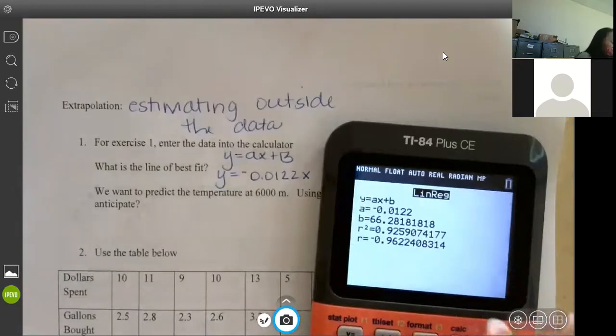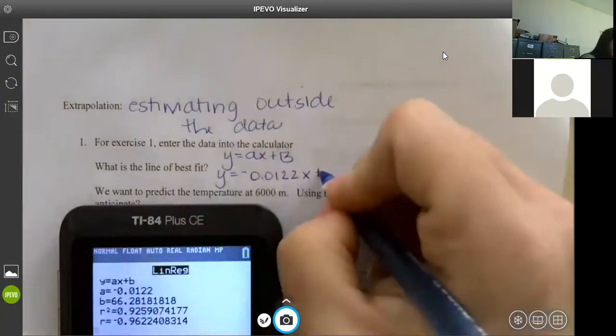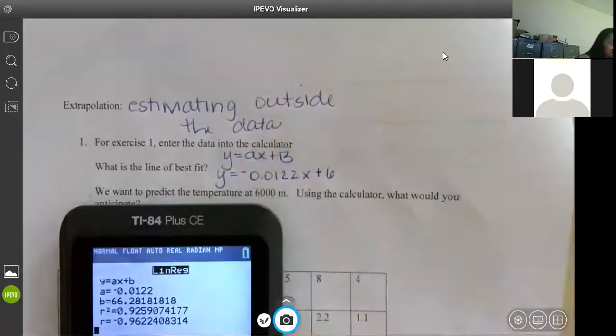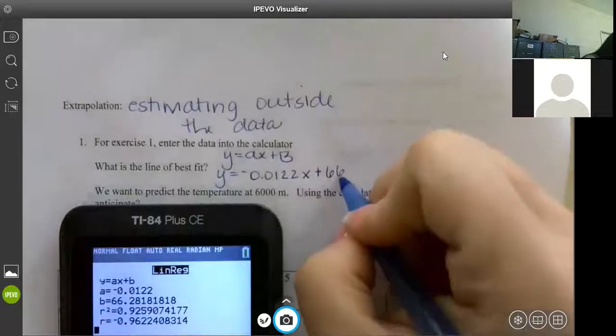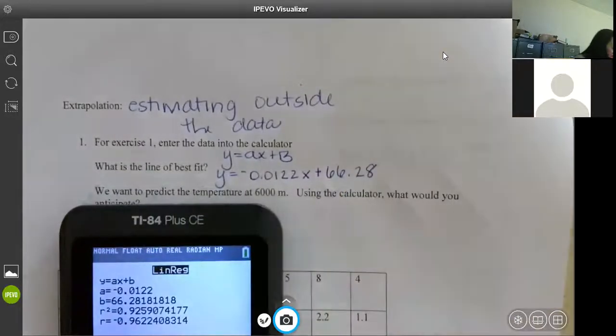And don't worry about your rounding either. So that b number is 66.28. Is everybody good?